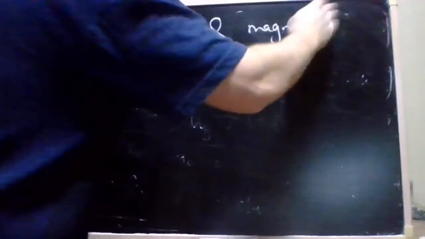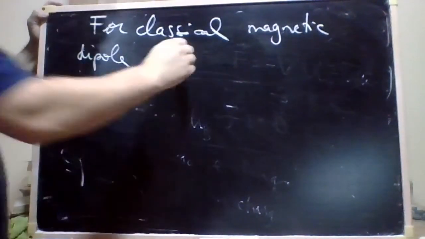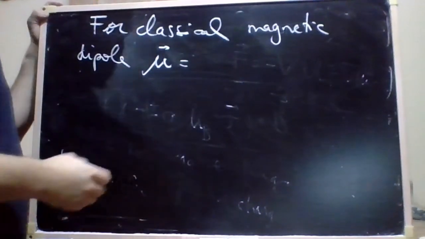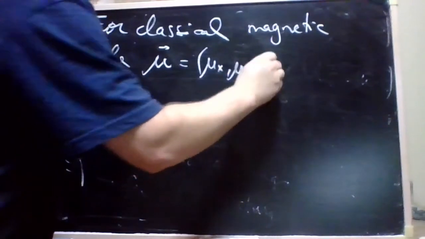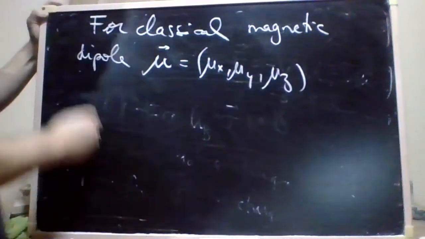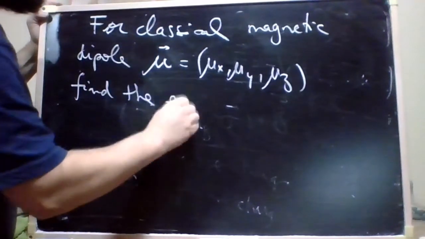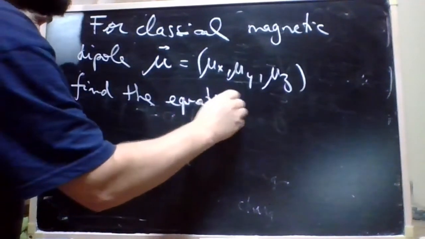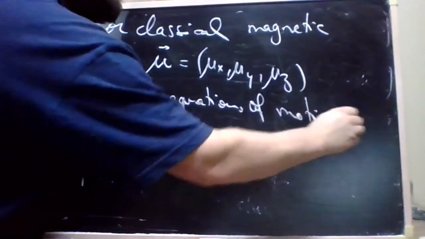Suppose it's a classical thing, mu, which has components. Find the equations of motion explicitly.